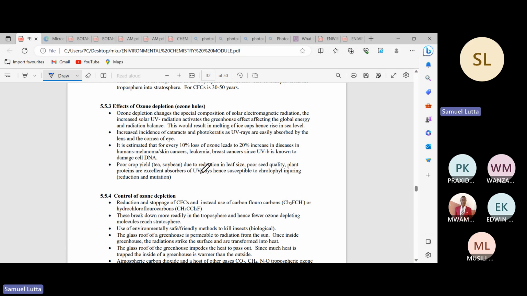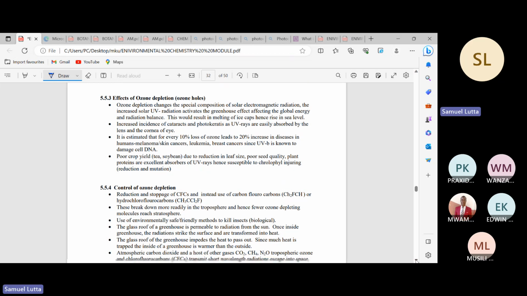So when you affect formation of proteins, you're also likely to affect formation of other compounds that participate in the formation of chlorophyll.